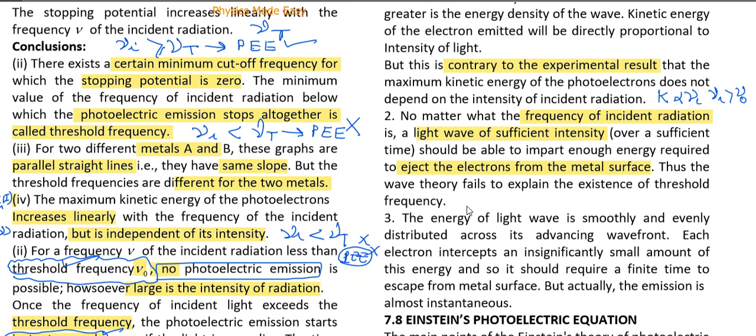Now, classical mechanics says that the photoelectric effect depends upon intensity. The quickness with which the photoelectric effect will take place depends upon intensity, and the photoelectric effect may be an instantaneous process or it may be a delayed process, which was not supported by experimental observation.